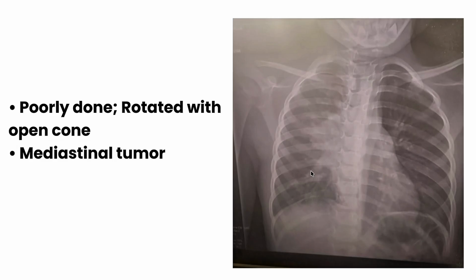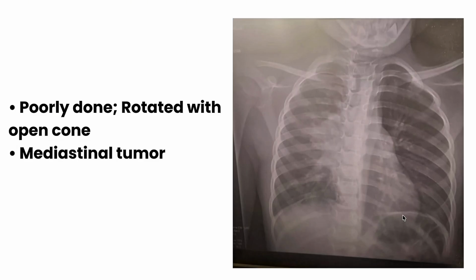This could be vesicular, we cannot know, and also this could be a bit of cephalization. You may not comfortably comment on this cardiac shadow because it was a child and the patient was rotated. But one gets an impression as though there could be an enlargement of this cardiac shadow.